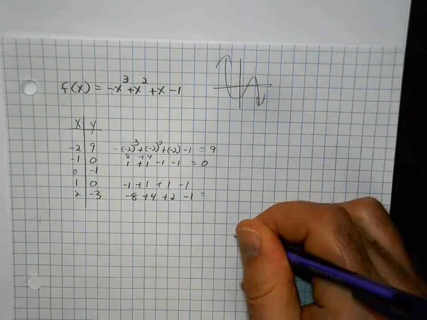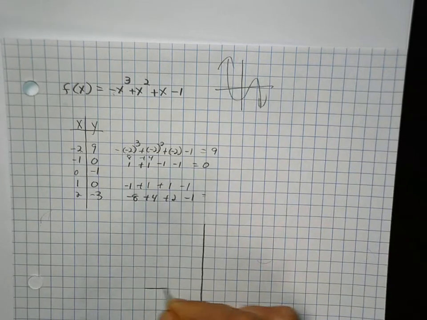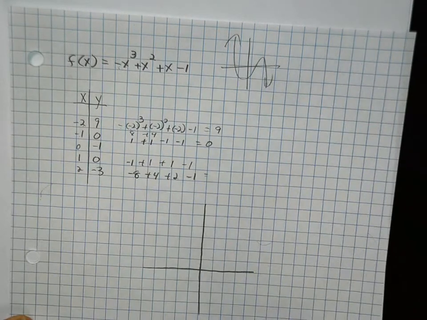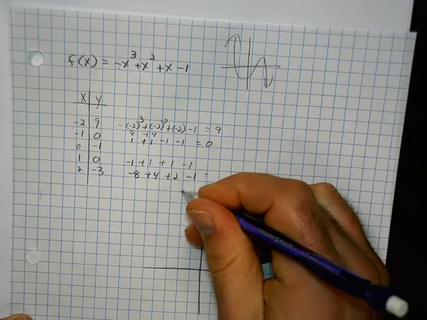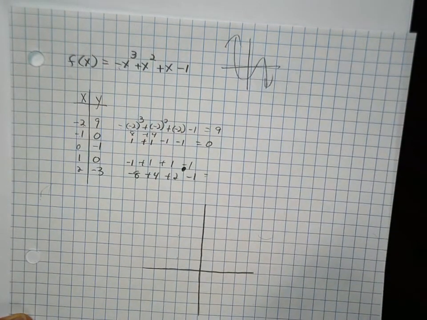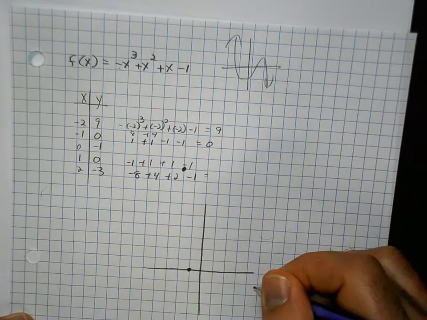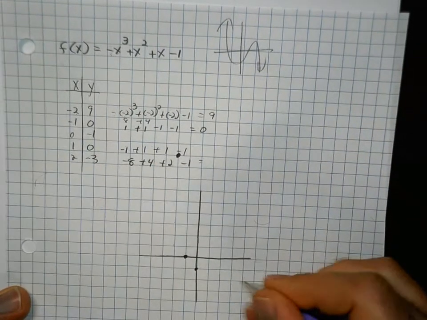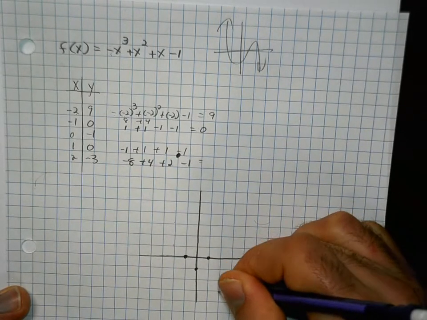Okay, so let's start by plotting those points. So that's -2, 9; -1, 0; 0, -1; 1, 0; and 2, -3.